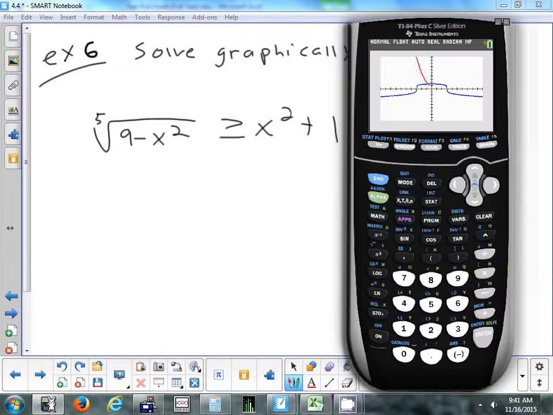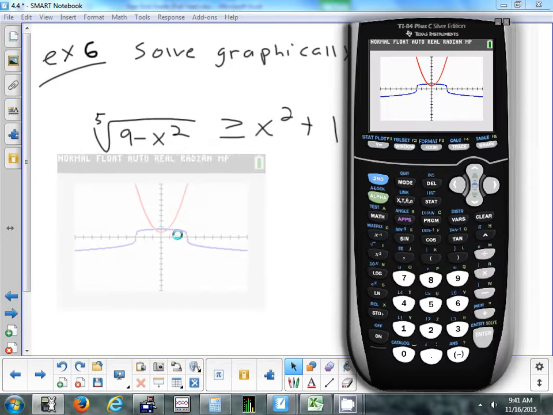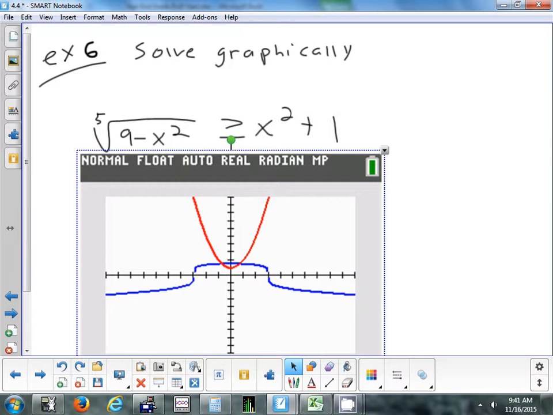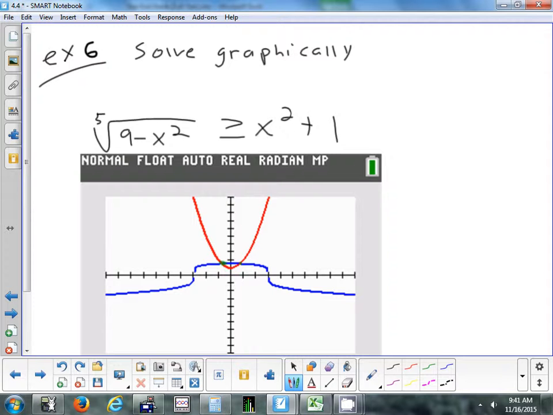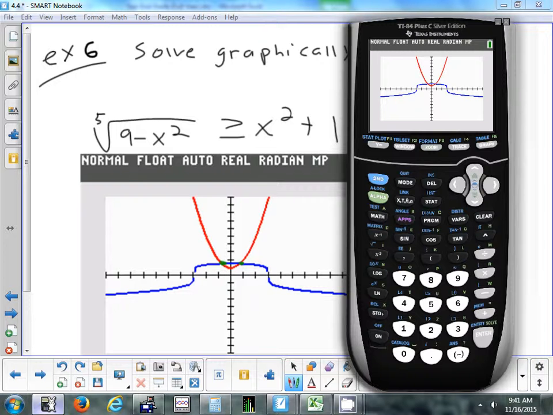There's my blue, and I want to know where the blue is higher than the red. Where does that happen? Yeah, just in these spots right here. That's the only spot on this graph where the blue is higher than the red. Everywhere else, it's lower.